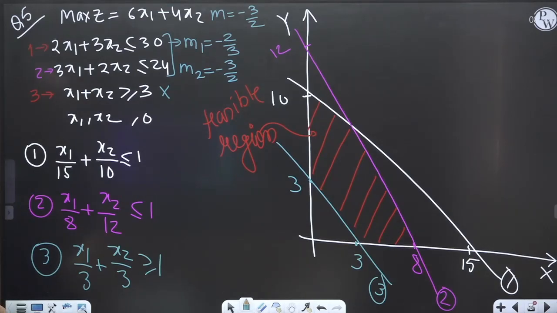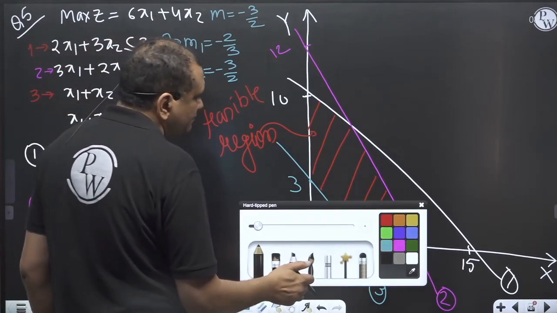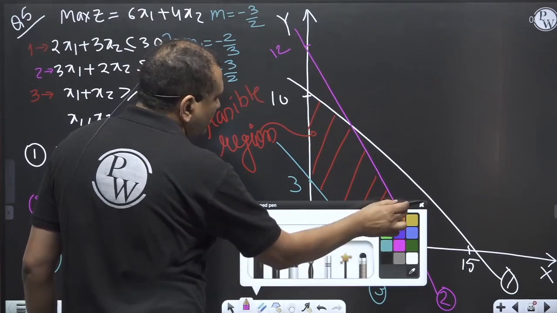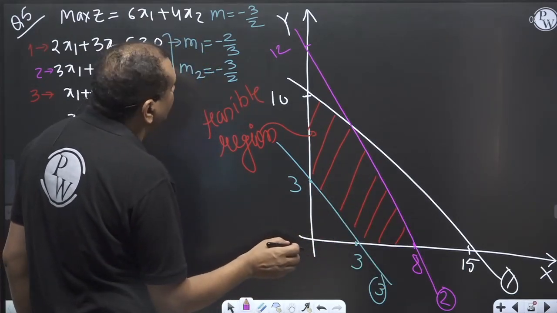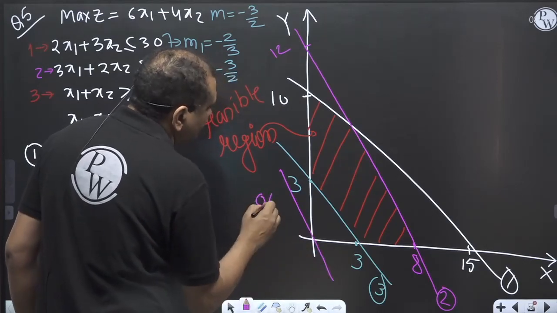So now the objective function line, you plot in such a way that it passes through the origin, like this.